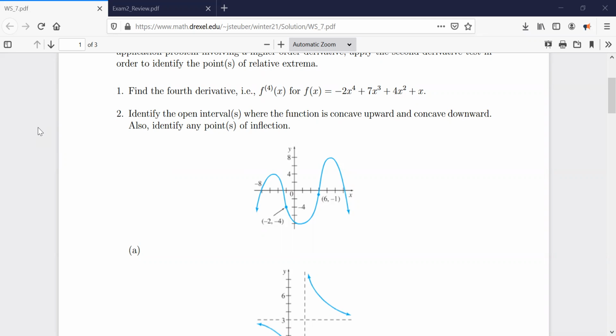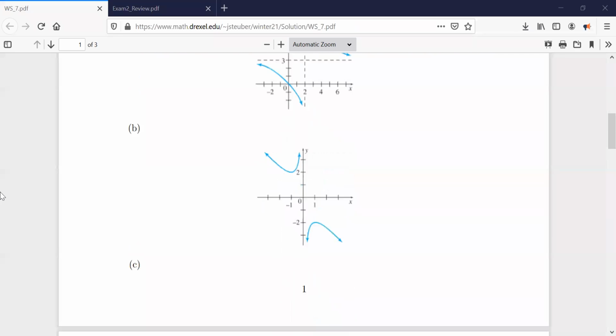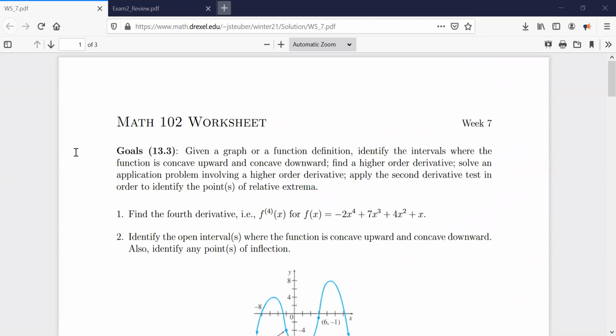What do you guys want to do? Cool. So I will try to burn through this guy as fast as possible then.